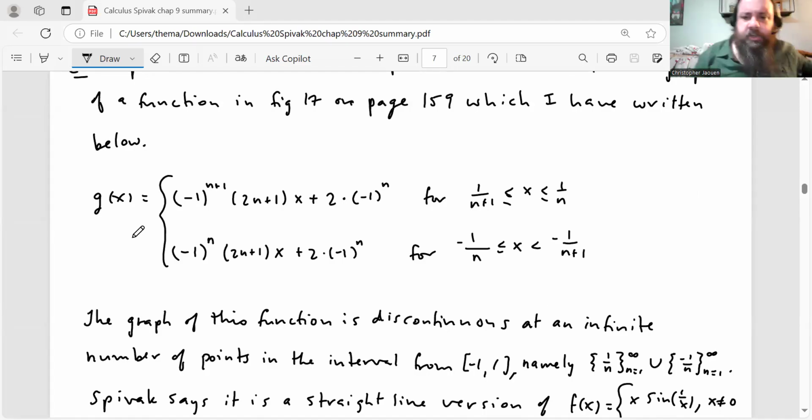Let me show you a picture of this function. I did it for n going from one to, I think, ten, and then from -10 to -1 also. Let me show you a picture of this that I did on Desmos just so you can see that it actually does work.